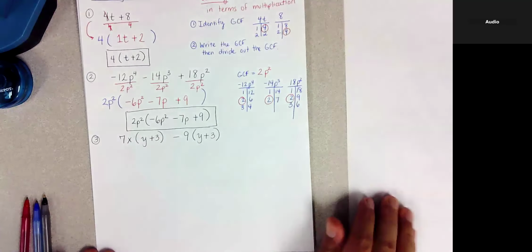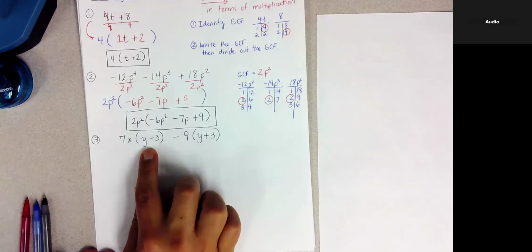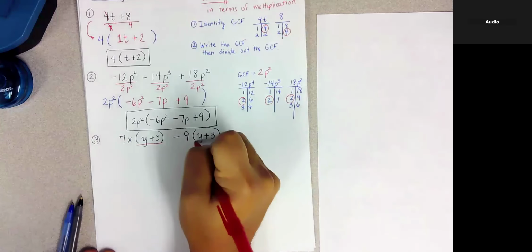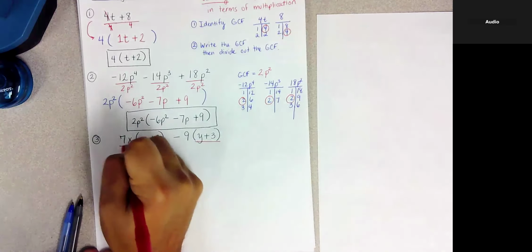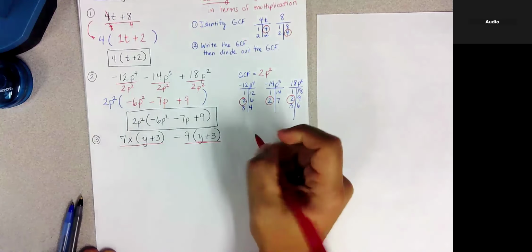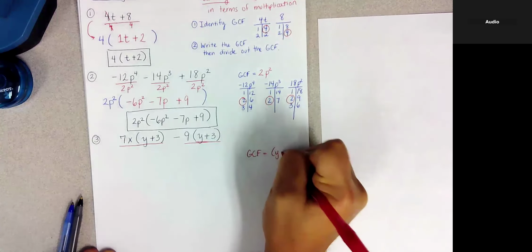So if you look at these 2 terms, you can quickly identify, oh, they have this y plus 3 in common. Okay? So if these terms have y plus 3 in common, then we can say the GCF here is equal to y plus 3.